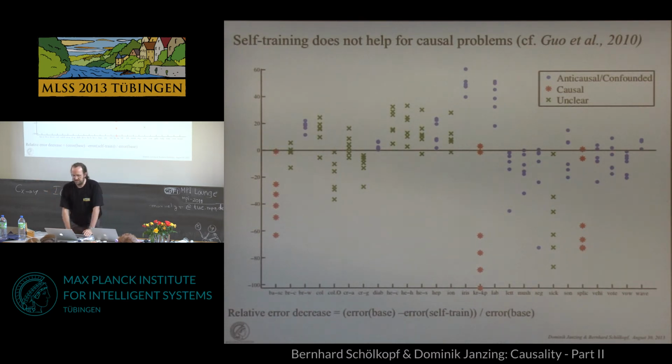And here it turns out that depending on which algorithm you use, for the causal data sets, you typically don't get improvements by employing semi-supervised learning. You actually sometimes get even the opposite effect. Whereas for the anti-causal or confounded data sets, you do sometimes get quite significant improvements by doing semi-supervised learning. And yes, question?